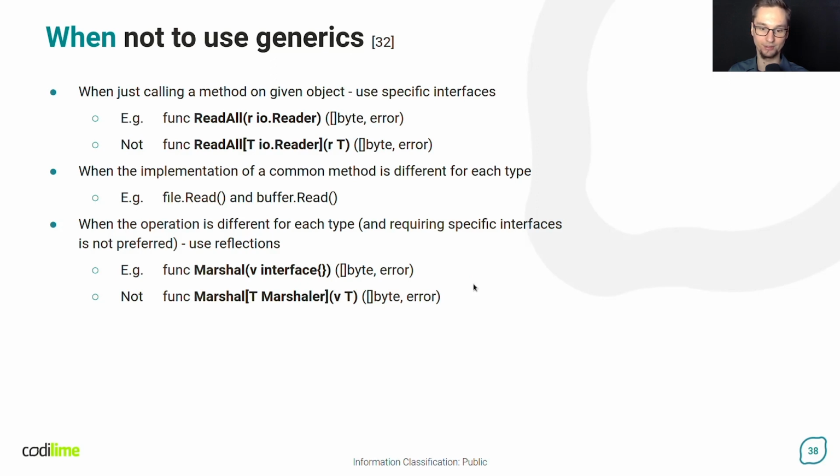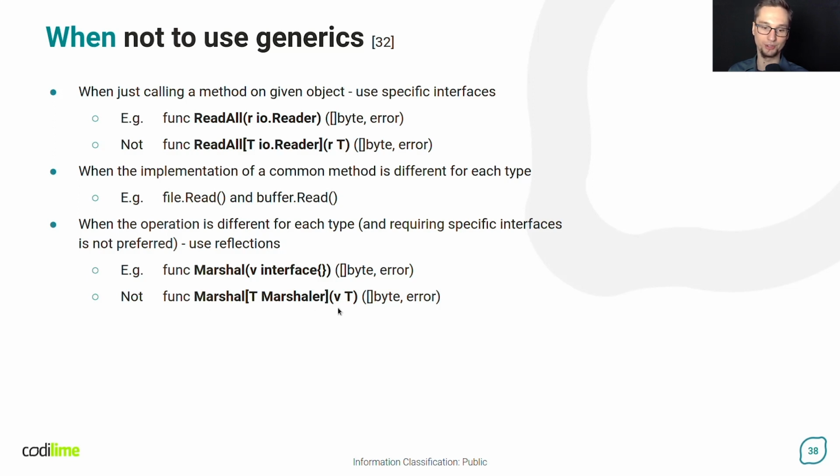For example, let's take a look at the JSON Marshal function, which takes the data and serializes it. In that case, it's still best to keep such a signature and keep using reflection within that, because one could define such a function using type parameters.